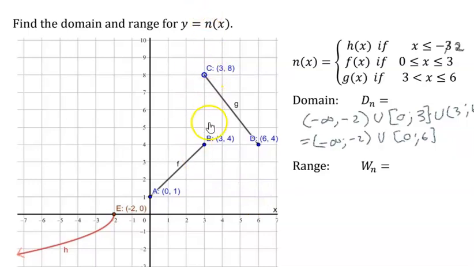There's no gaps here because this dot can close up the open dot there for the domain.